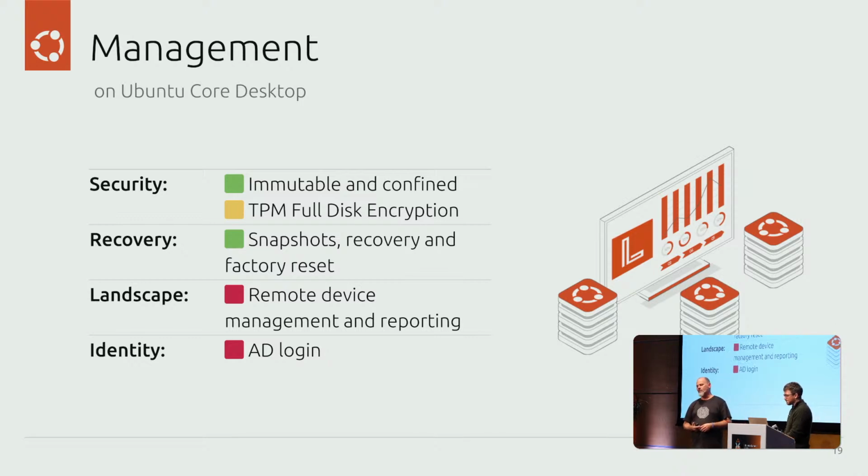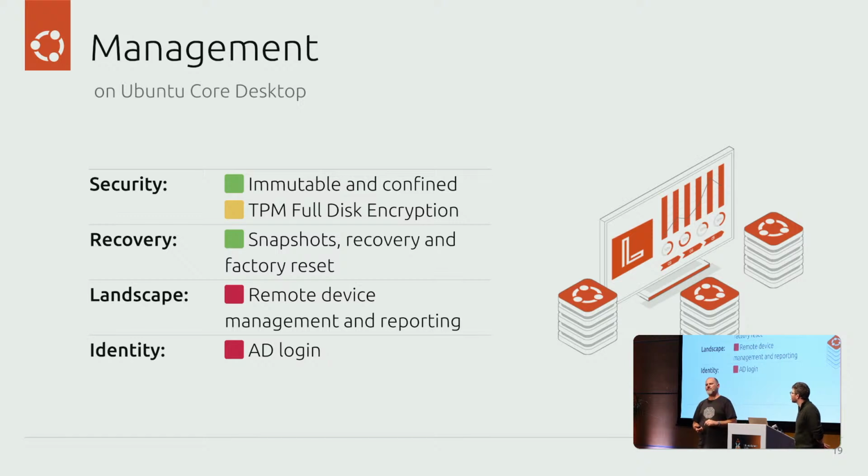Management. So we've got some really good progress here. We have some stuff we got right out of the gate based on Ubuntu Core: immutability, and everything's confined, right? Because it's all snaps, read-only file systems, everything's contained. We do have TPM-backed full disk encryption.